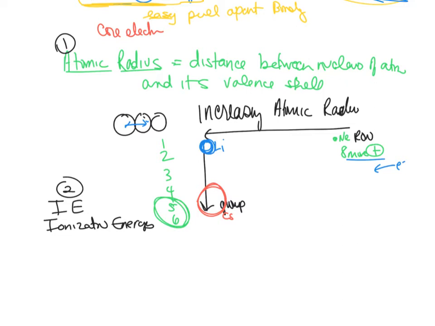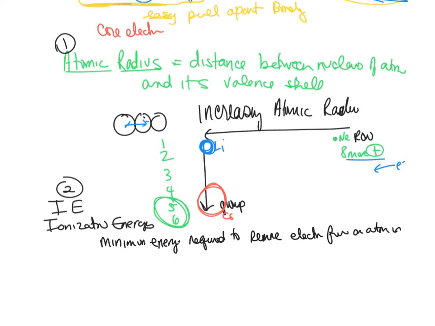So ionization energy is the minimum amount of energy required to remove an electron from an atom in the gas phase. So this is studied and measured in the gas phase.